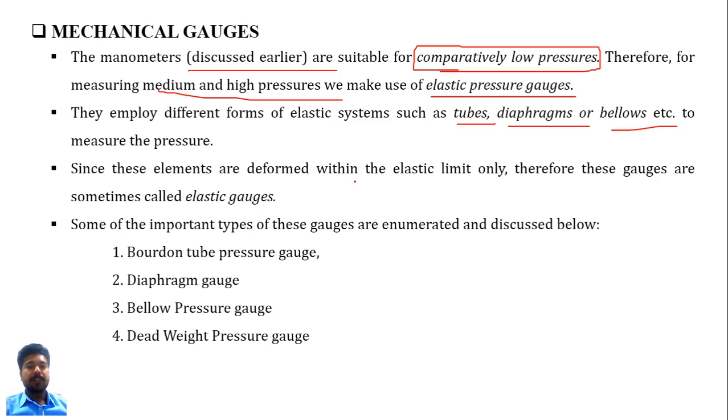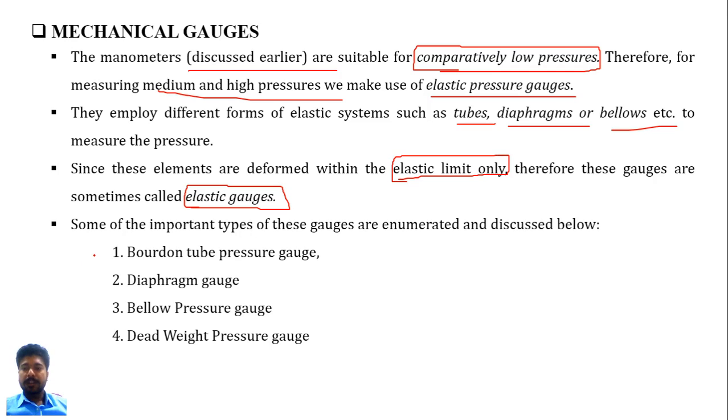The elements are deformed within the elastic limit only, therefore these gauges are called elastic gauges or mechanical gauges. There are different elastic materials with elastic properties, and there is a limit to these elastic properties, so we can name this pressure gauge an elastic gauge.